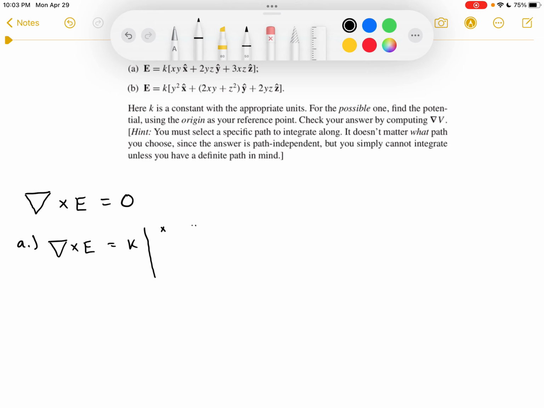For the cross product: x, y, z, derivative with respect to x, derivative with respect to y, derivative with respect to z. And our elements: xy, 2yz, 3xz.